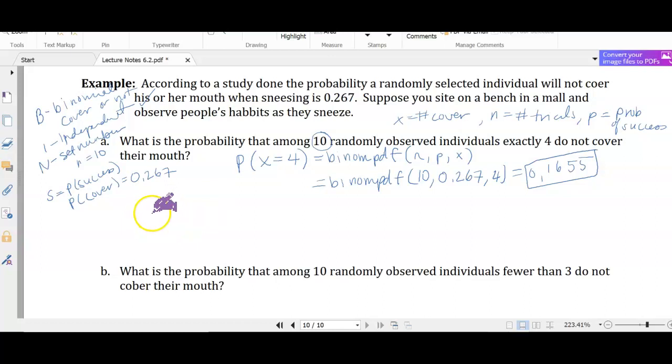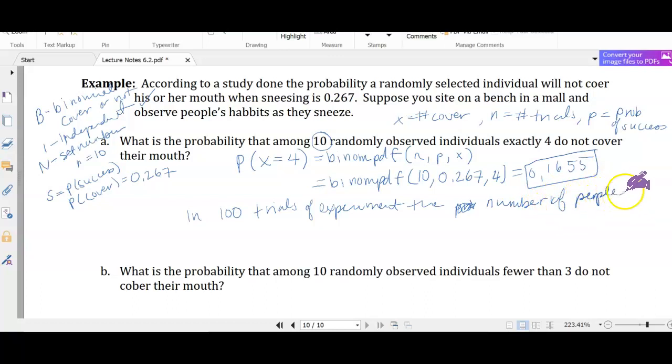So let's interpret this. That means that in 100 trials of this experiment, the number of people to cover their mouth out of 10 being 4.